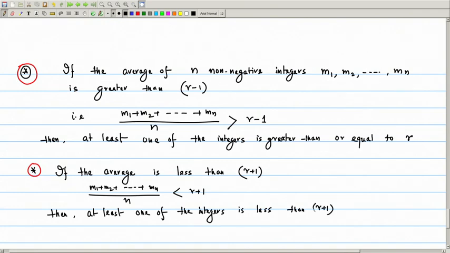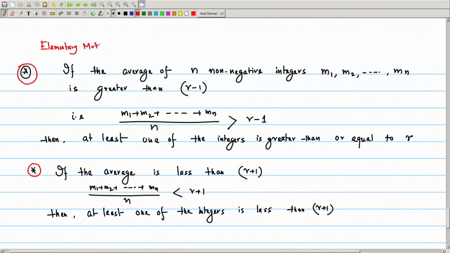So, this is the statement of the strong form or generalized pigeonhole principle, which we are applying to elementary mathematics.